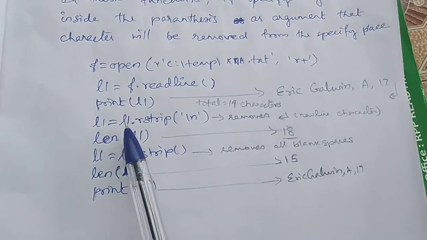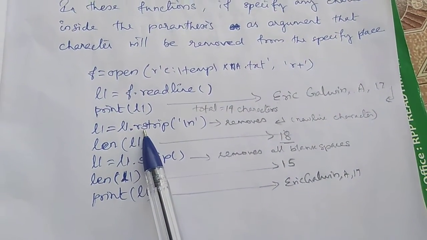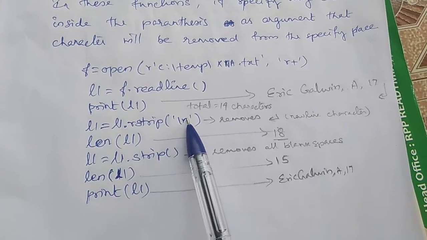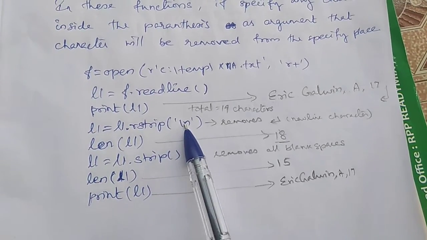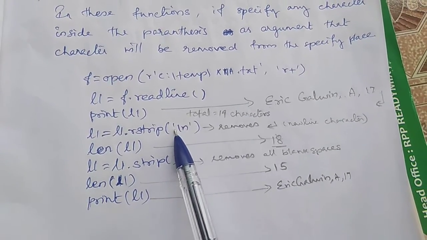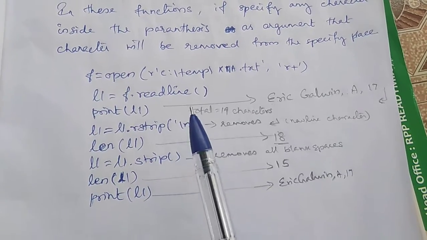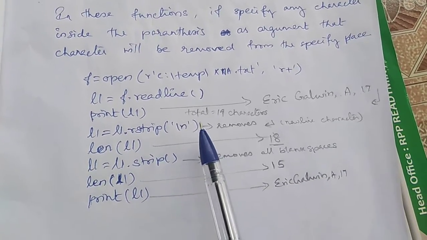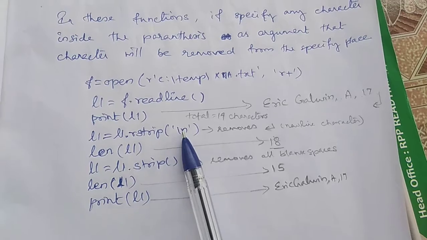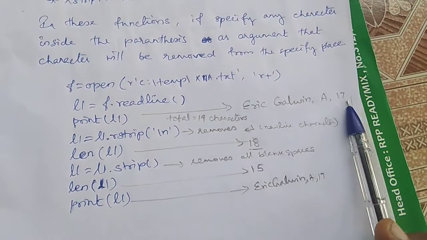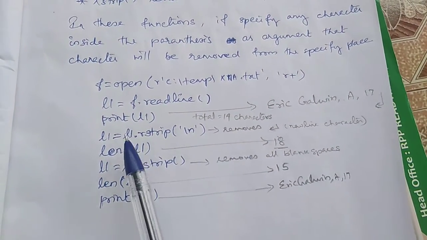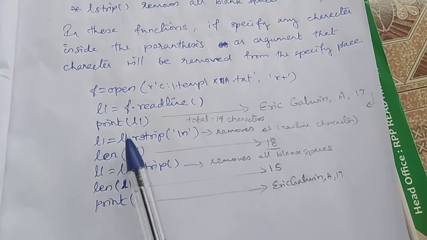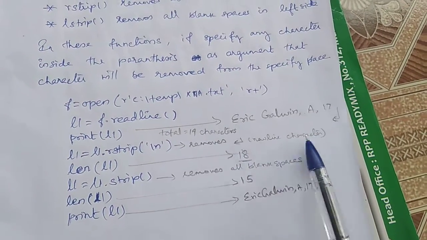Now L1 is equal to L1.rstrip(). If I give it like this, what happens? I have to specify the character to remove. Otherwise, if I don't specify any argument, a blank space will get removed. So I am specifying here a backslash n. So this enter key character is going to be removed from that particular string L1. So this removes the enter key character.